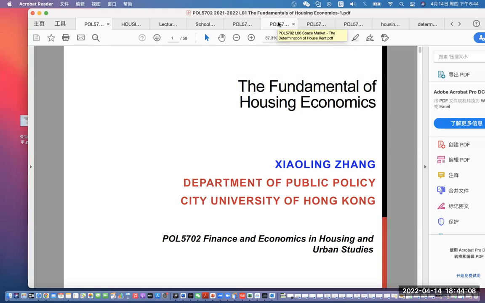So you can pick one question from section A and another from section B, but you cannot choose two from one section. I hope this makes sense to you.